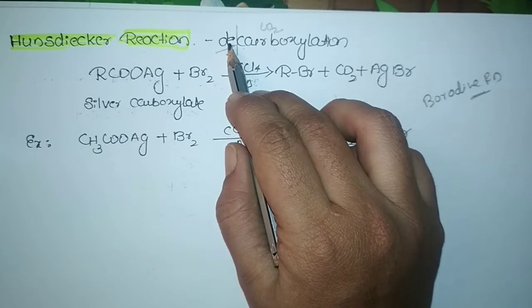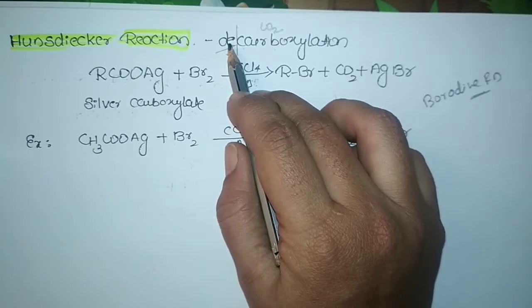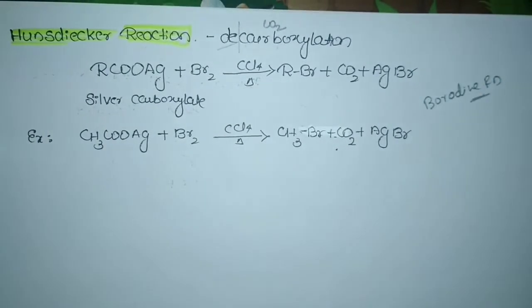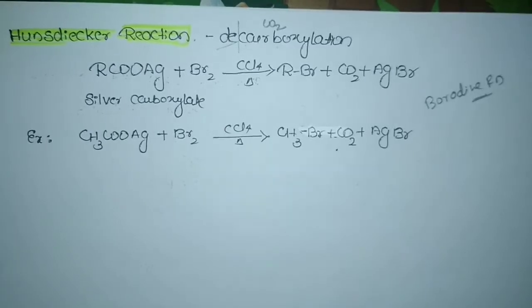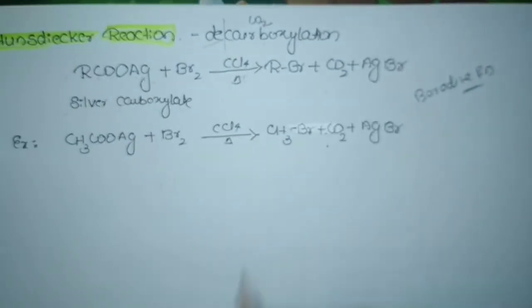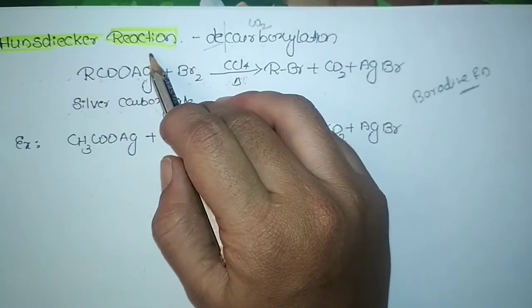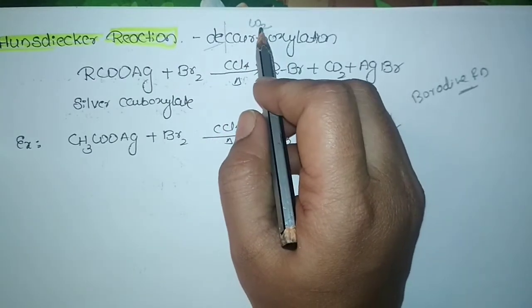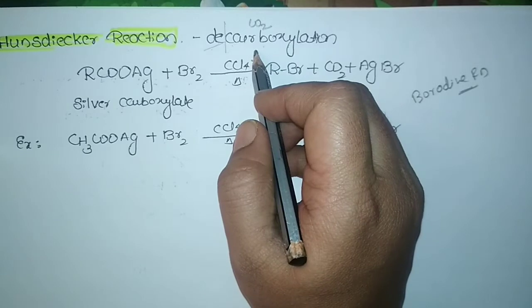For example, dehydrogenation means removal of hydrogen, dehydration means removal of water, and dehalogenation means removal of a halogen. Similarly, the Hunsdiecker reaction takes place by the mechanism of decarboxylation, meaning carbon dioxide will be removed during the reaction.